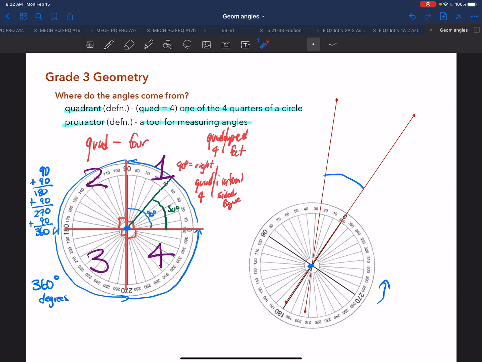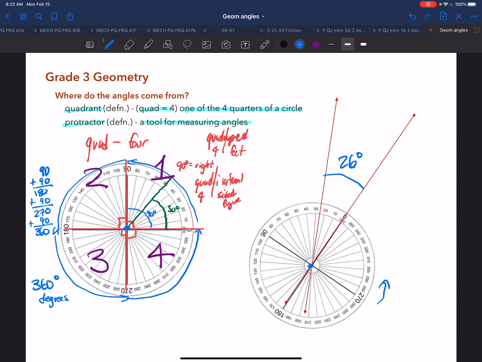So we go this way, we went 10 degrees, 20 degrees, and there's 30 degrees. It's not 30 degrees. It looks like it's halfway between 20 and 30, maybe just a little bit more than halfway, so maybe we would say it's 26 degrees. And that's how we measure an angle.